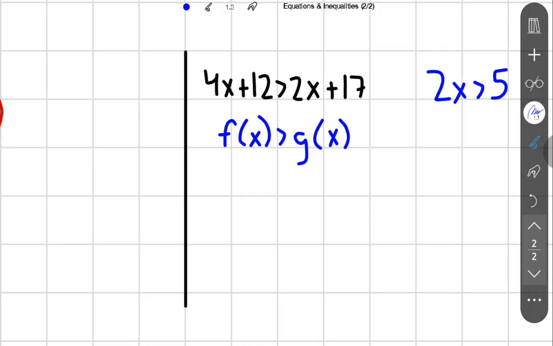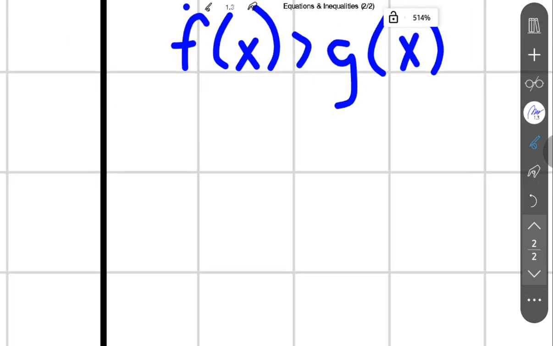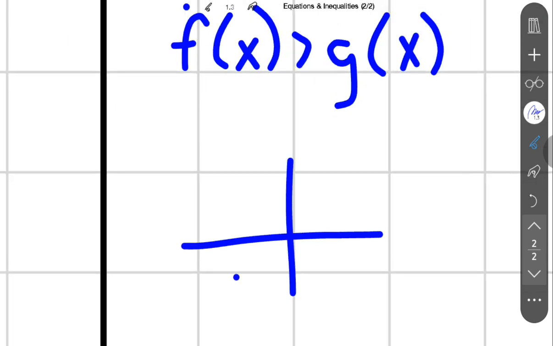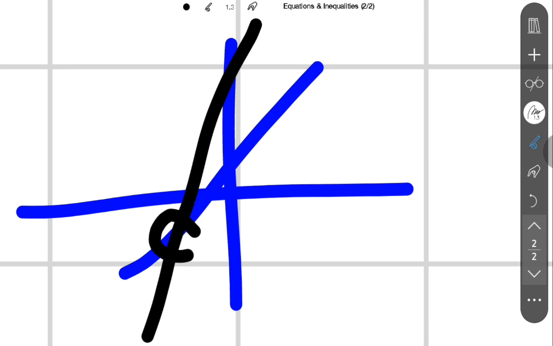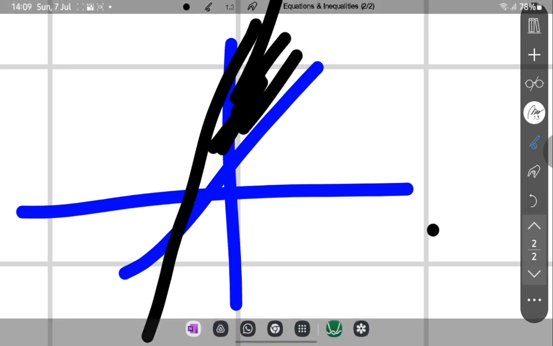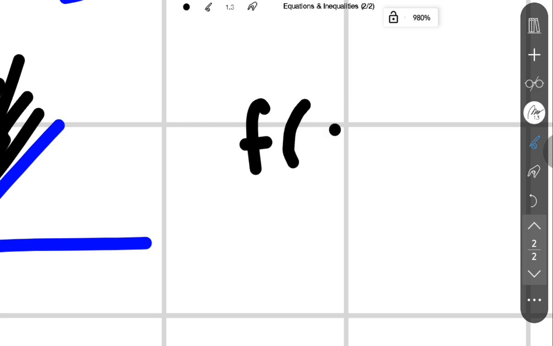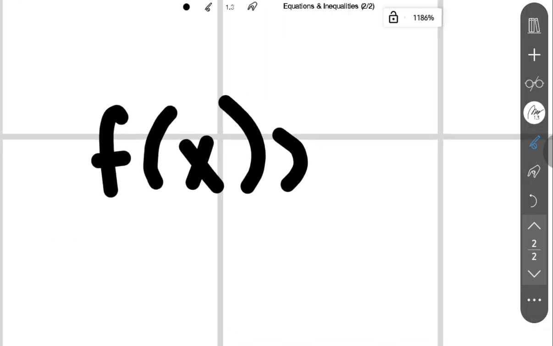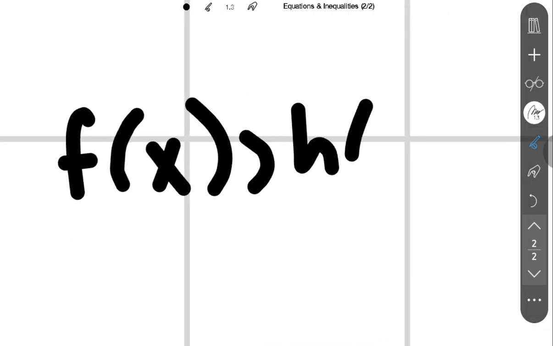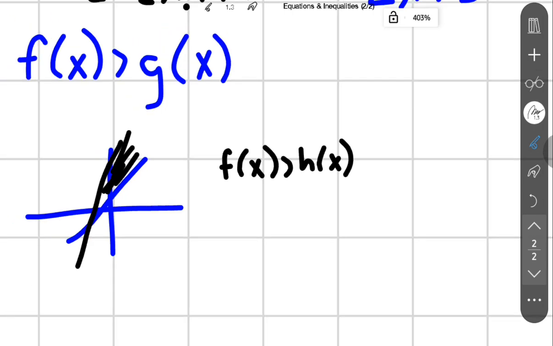And keep in mind, I'm not talking about this graph right now, which I'll draw. Let's say we have a graph like this, and let me draw another one. We have a graph like this. Starting from the point of intersection here, anything within this region is going to be f of x is greater than, let's say, another function like h of x. I'm not talking about the ones we are solving right now, just in general.